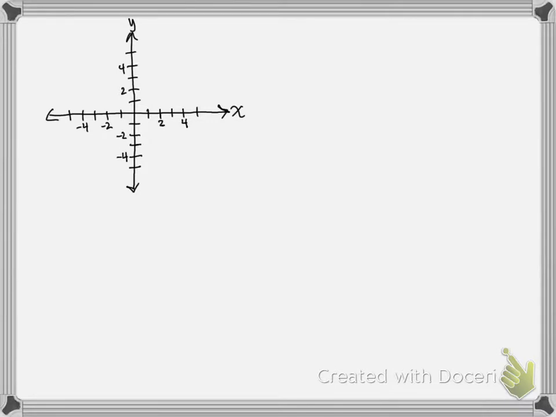Okay, and then what we're going to be asked to do is to graph. Directions: graph and label each point on the coordinate plane. Easy for me to say, right?